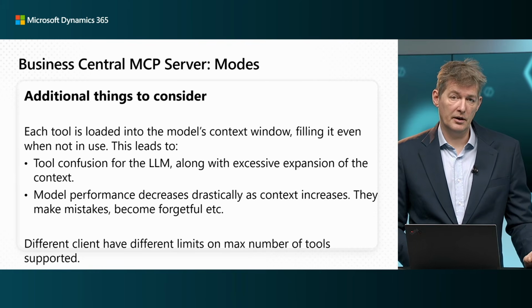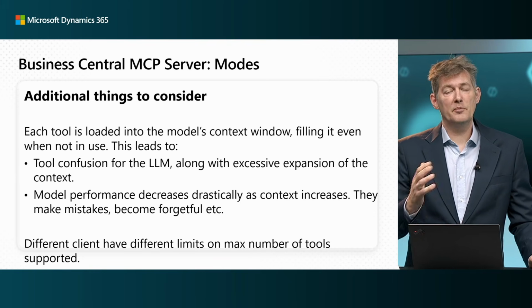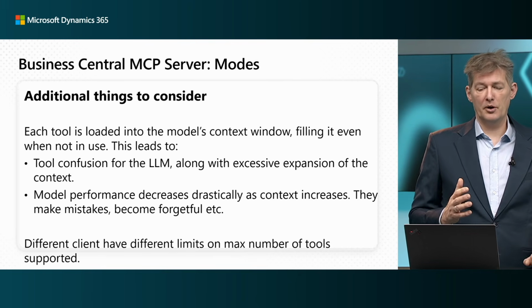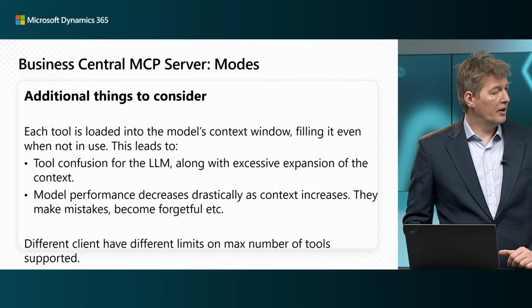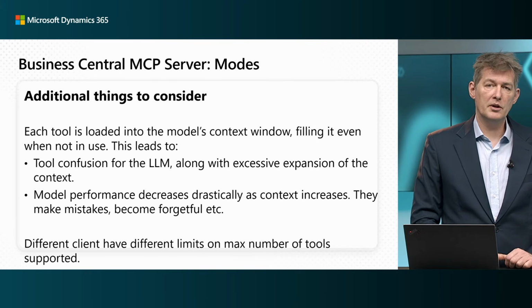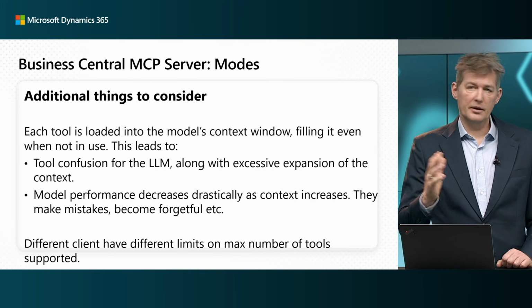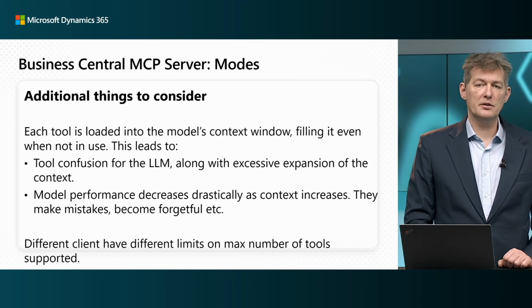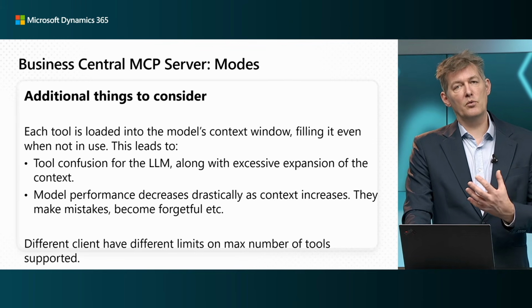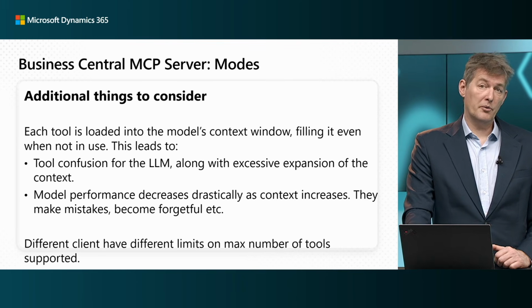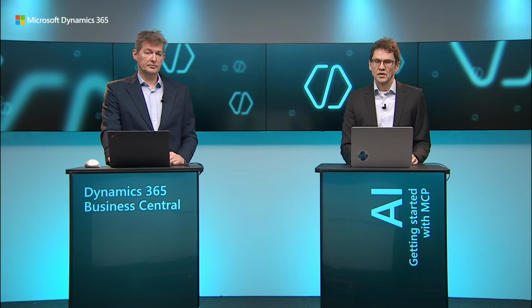And as we have said a number of times, different MCP hosts will have different maximum numbers of tools supported. Right now, when we record this video, Microsoft Copilot Studio is around 70 tools. That, of course, will likely change in the future. So this is also one of the reasons why we introduced MCP server configurations from the get-go.